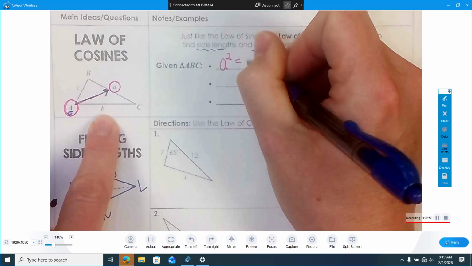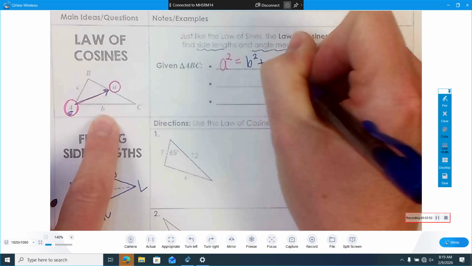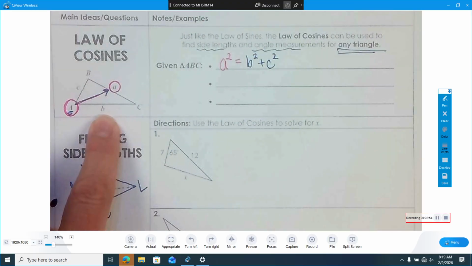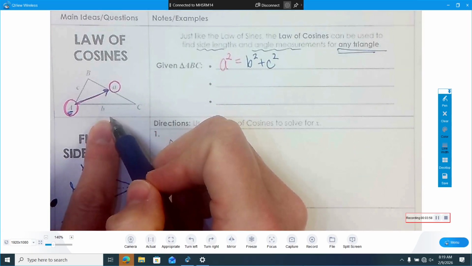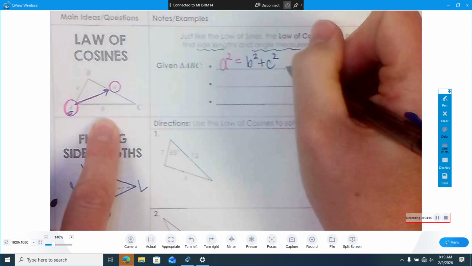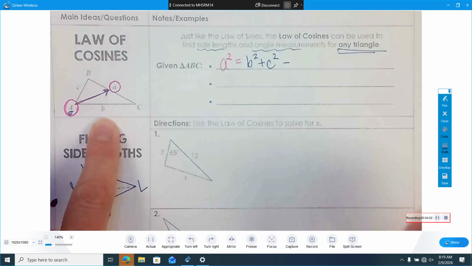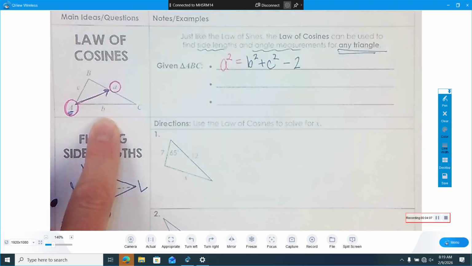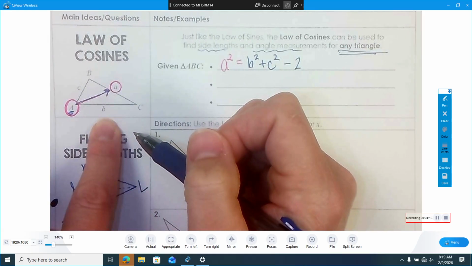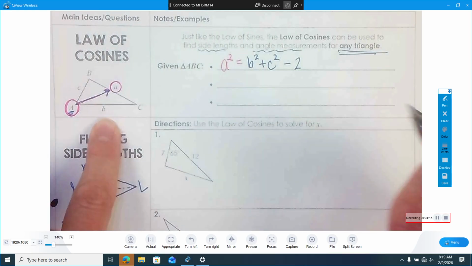A squared is equal to B squared plus C squared. So those are the squares of the 2 other sides, minus twice the product of those sides. What does twice the product mean? 2 times, and what does product mean? Multiplication, multiplying together.